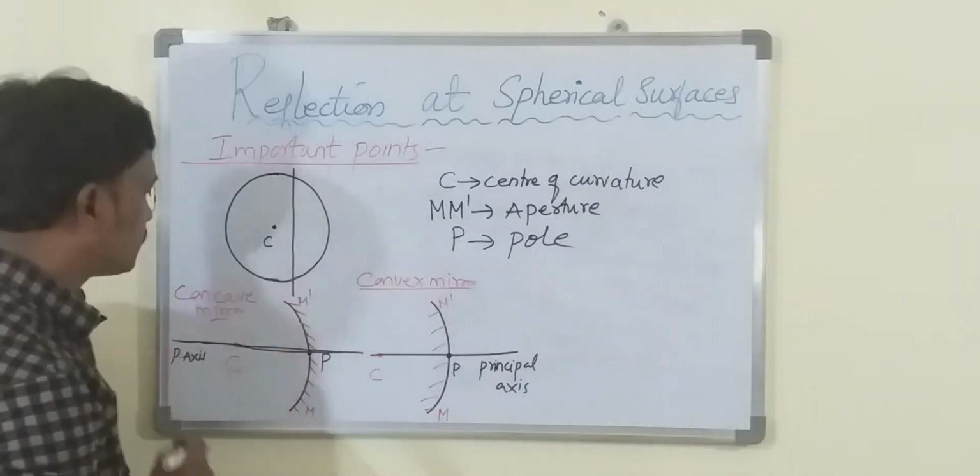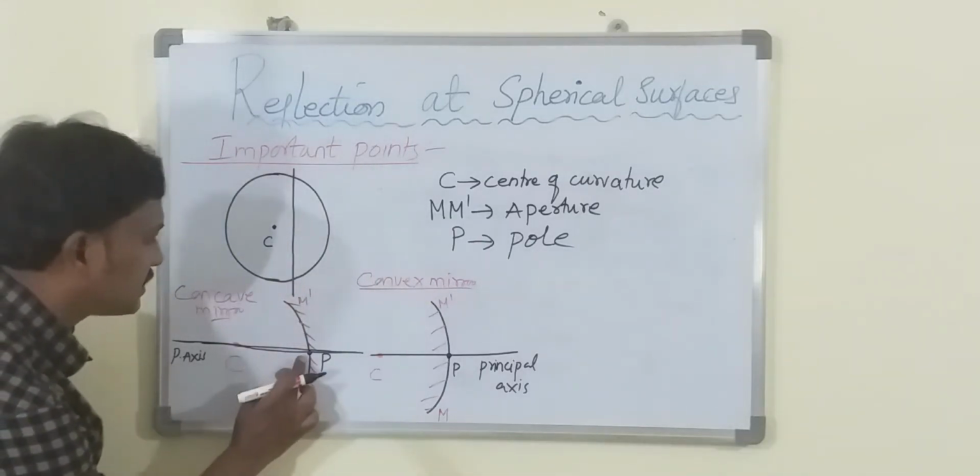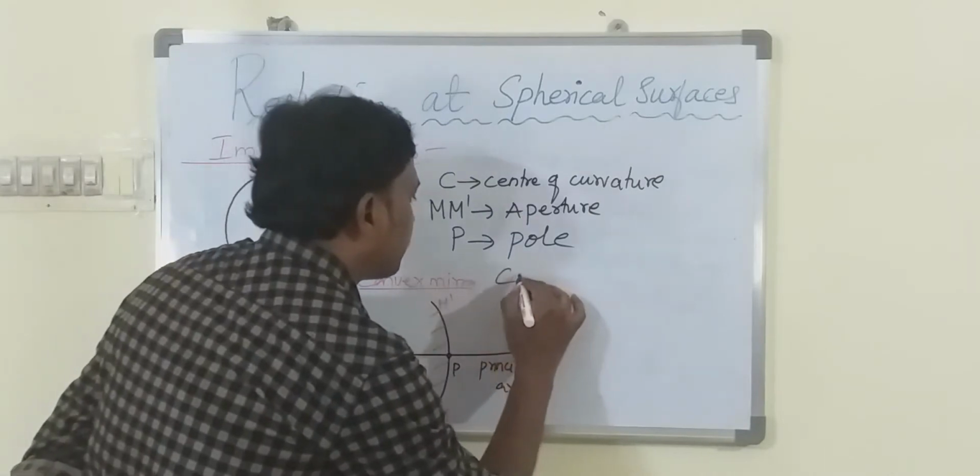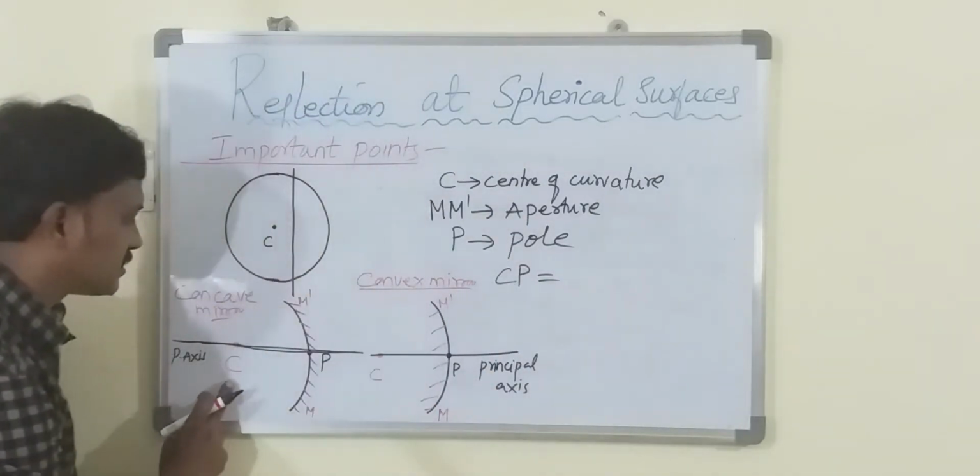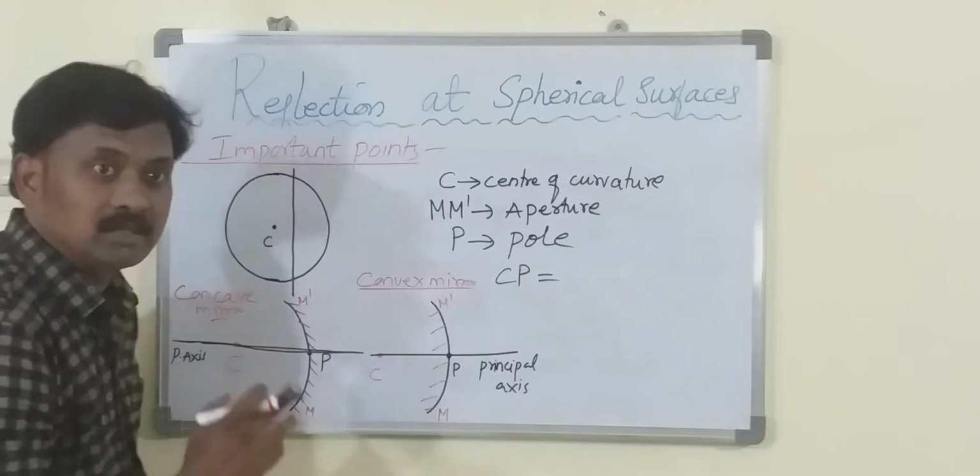Now, the distance between C and P, that is CP, the distance between the center of curvature and the pole, is called the radius of curvature.